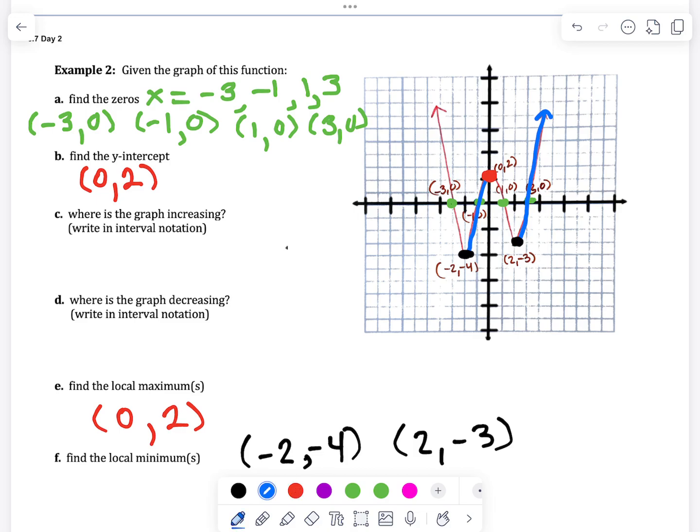So this blue piece, we go on the x-axis. It increases from -2 to 0 on the x-axis. And then it increases from 2 to positive infinity.